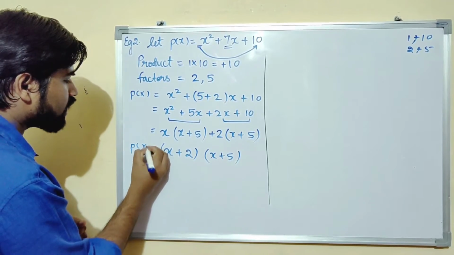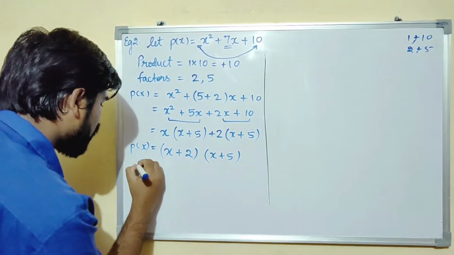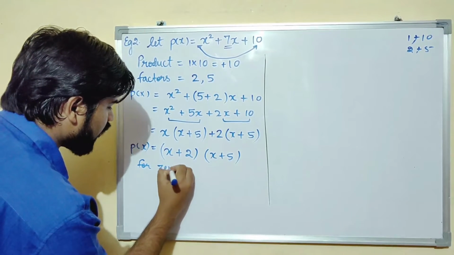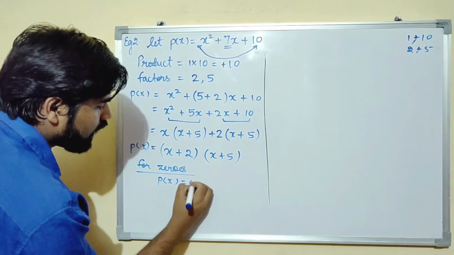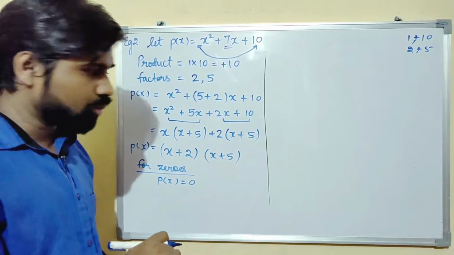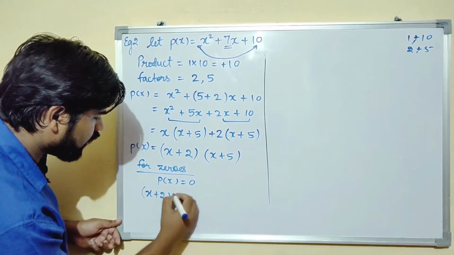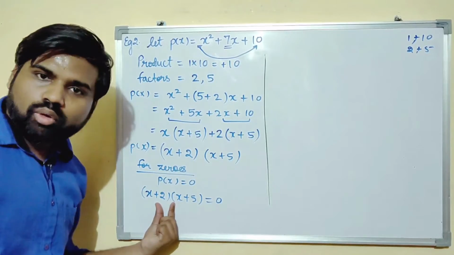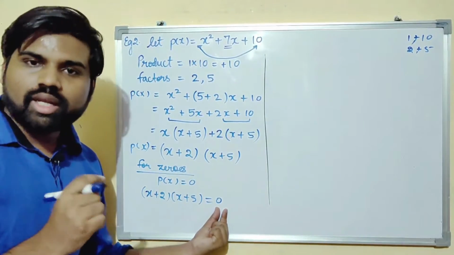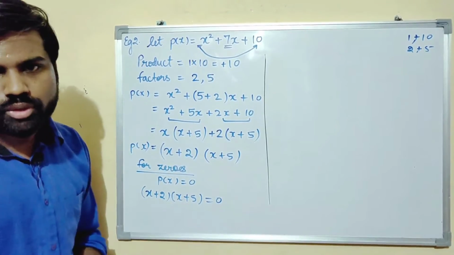Now since you have factorized it, it is very easy to calculate the zeros. You will write, for zeros, this will be the heading. For zeros, p(x) should be equal to 0, right? Now we will put the value of p(x) here: x plus 2 into x plus 5 equals 0. When is the product of two numbers 0? Either of them is 0 or both of them are 0, right?